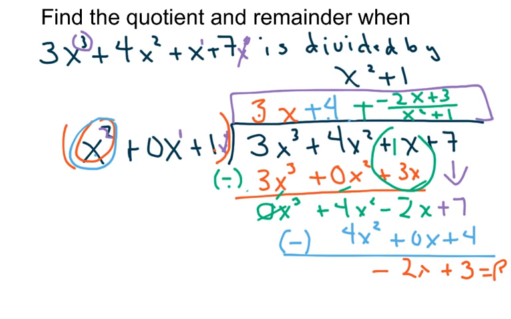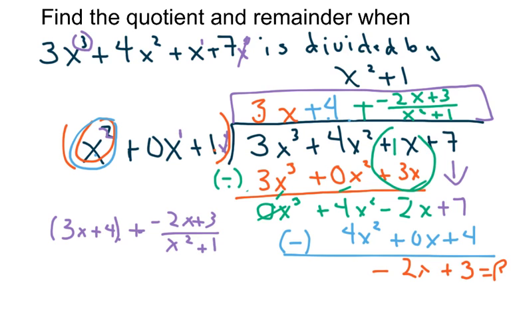And you can always check by multiplying 3x plus 4 plus negative 2x plus 3 over x squared plus 1.